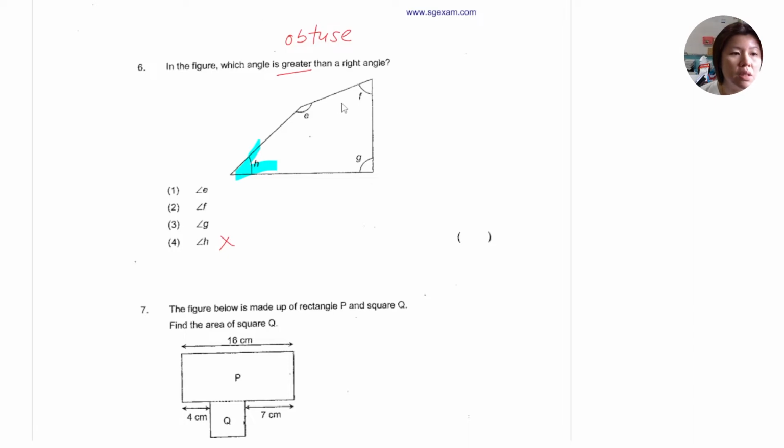Next, G is smaller than 90 degrees. It's also an acute angle, so G is out. Let's look at F. F is also an acute angle, so F is out. So we look at E. E is more than 90 degrees. So my answer is number 1.